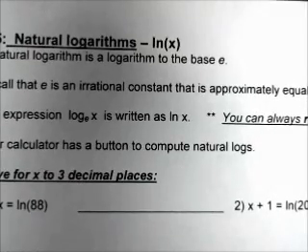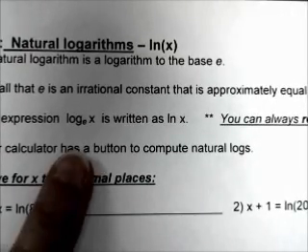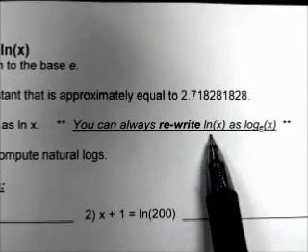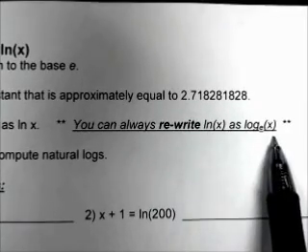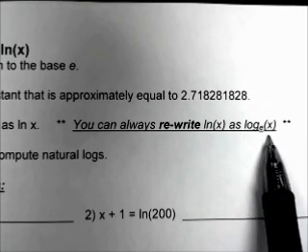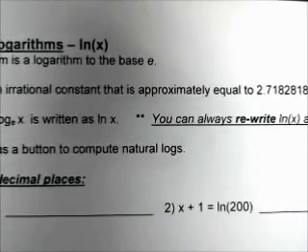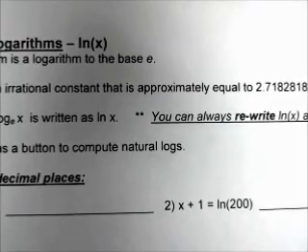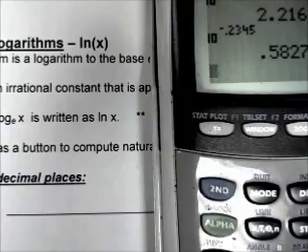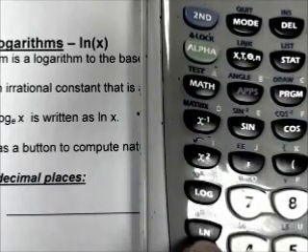The expression log base e of x is written as ln x. You can always rewrite ln as log base e of x, and vice versa. We have ln on our calculator. It's right beneath the log key.